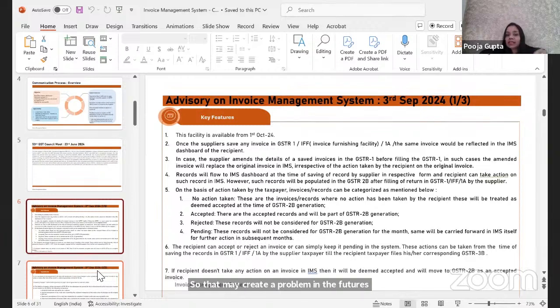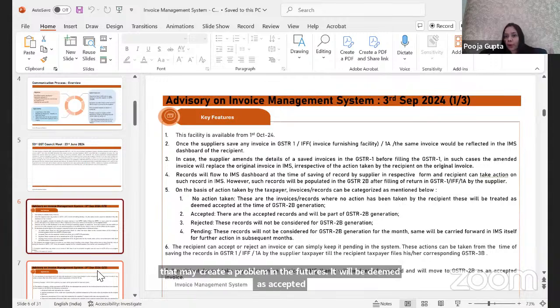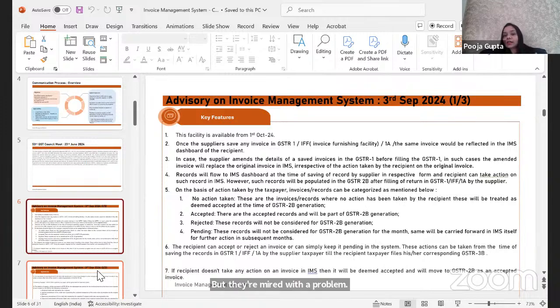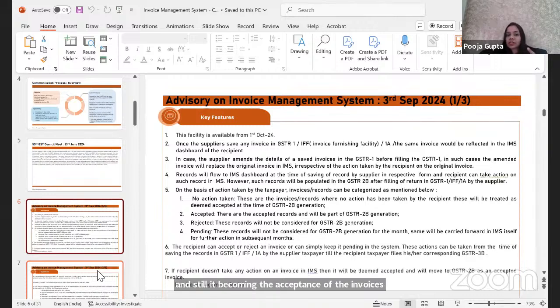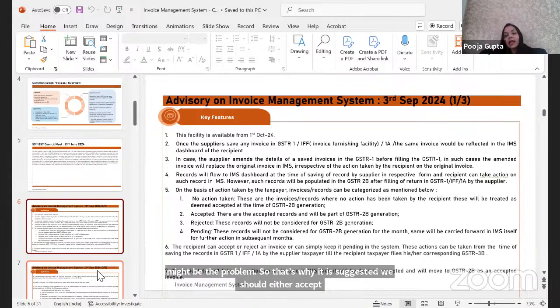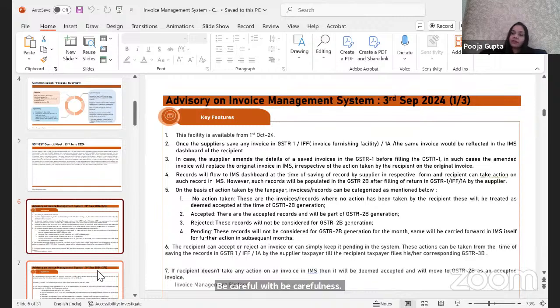It will be deemed as accepted, but there might be the problem that we are not fulfilling the other conditions for acceptance and it still becomes an acceptance of the invoices. So it is suggested that we should either accept them, with carefulness, or reject them, and we can keep it pending for future actions.